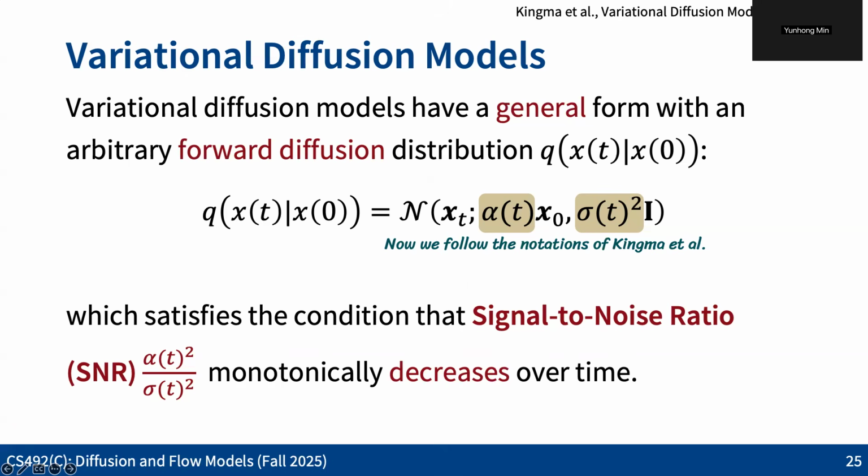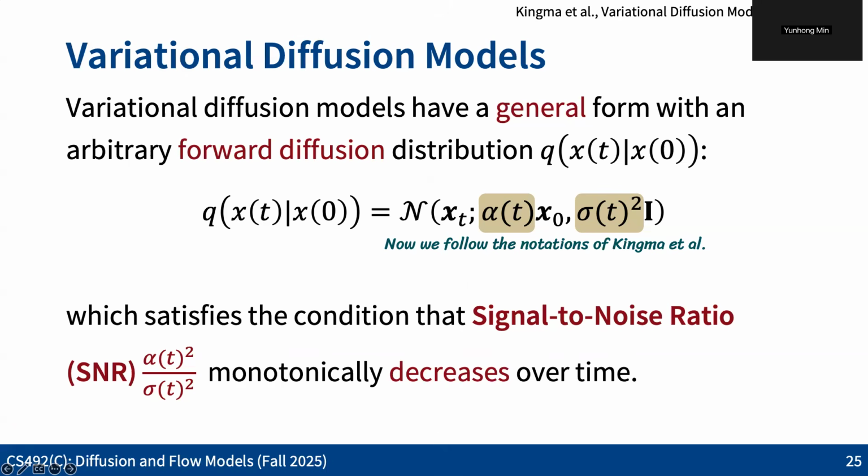Because at the end, what we want is that after injecting all the noise in the forward process, the output of the sampling should be aligned with the standard Gaussian distribution, right? So the purpose of the forward process is to inject noise into all of the points that we have, so that finally it is aligned with the standard Gaussian distribution.